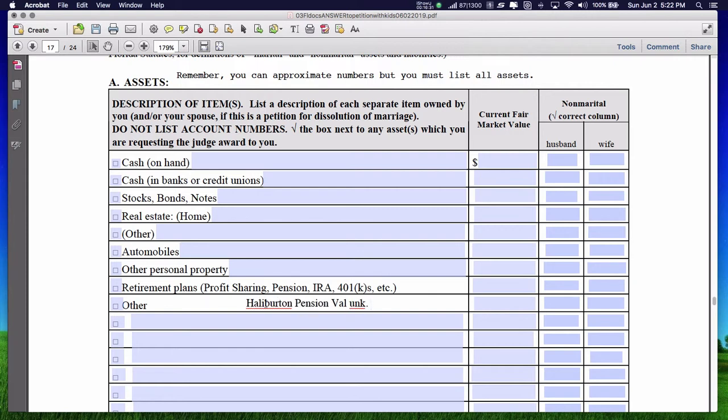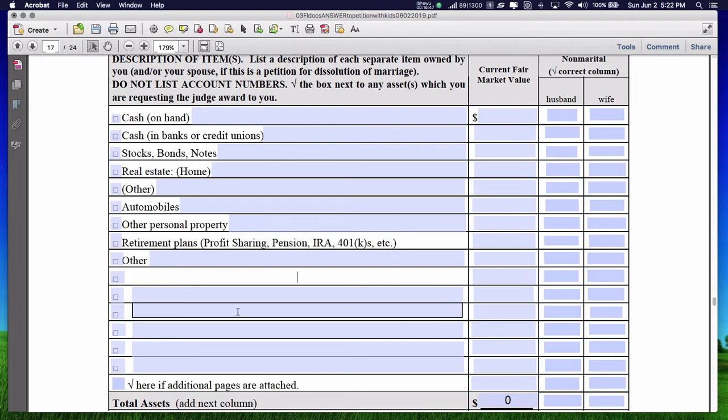You're not hiding anything. You just don't know how much it is. You can find out by ordering a statement or sending a subpoena or something. But the fact that you've listed it shows you're not trying to hide the ball. Let's say you don't list it, and the judge asks you later, well, why didn't you list that? Are you trying to hide the money in there? No, I'm not. I just forgot. No, list everything you have. You're obligated to do that.